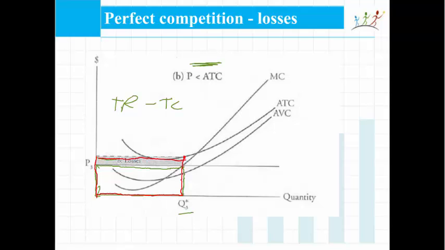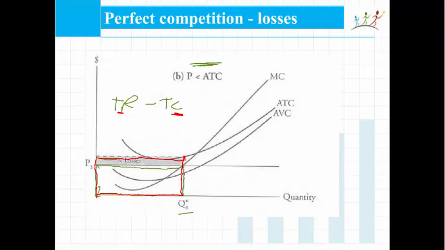It will be the red triangle. So the total revenue is lesser than the total cost. The gray shaded area is the total economic loss that the firm is making, because the total revenue is lower than the total cost.